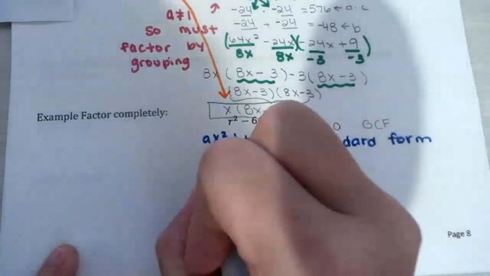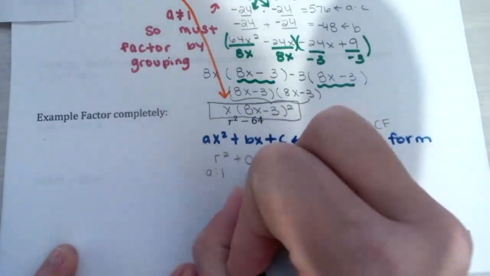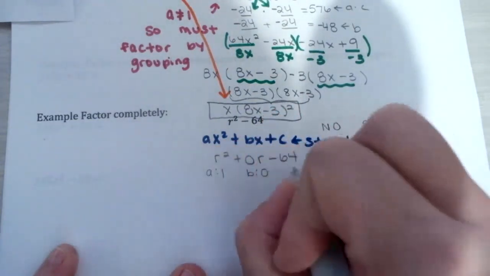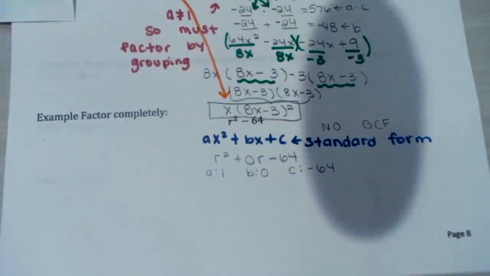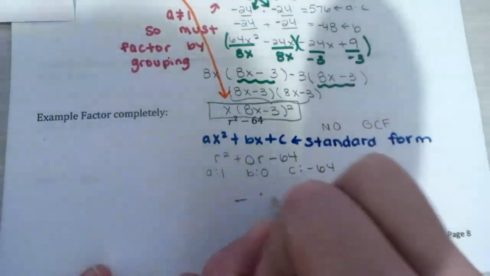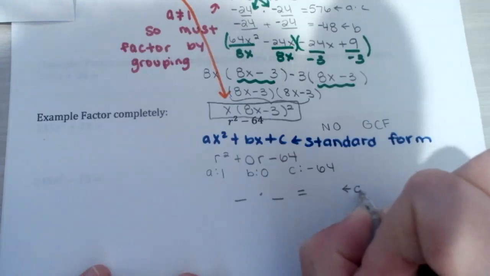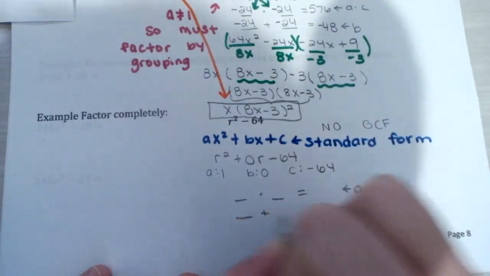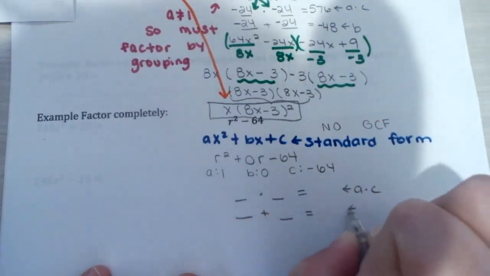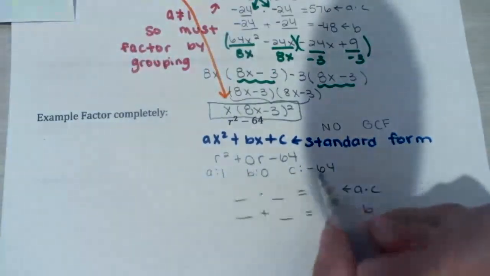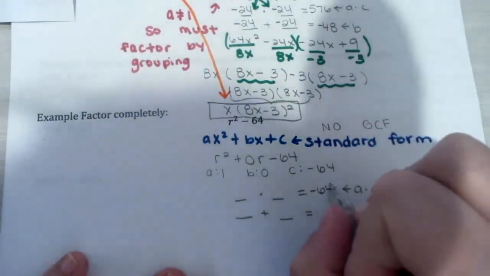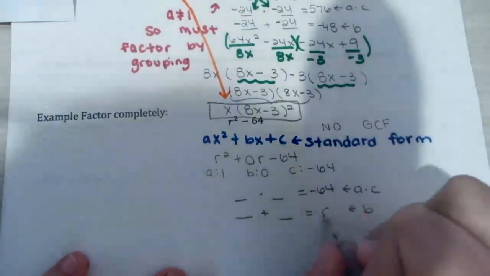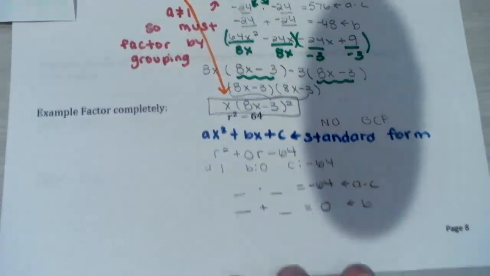So we can see a in front of r squared is positive 1. B in front of r is 0, and C out by itself is negative 64. So we're looking for two numbers that multiply together to give us A times C, and the same two numbers add together to give me B. So A times C, 1 times negative 64, is negative 64, and they add together to give me B, which is 0.